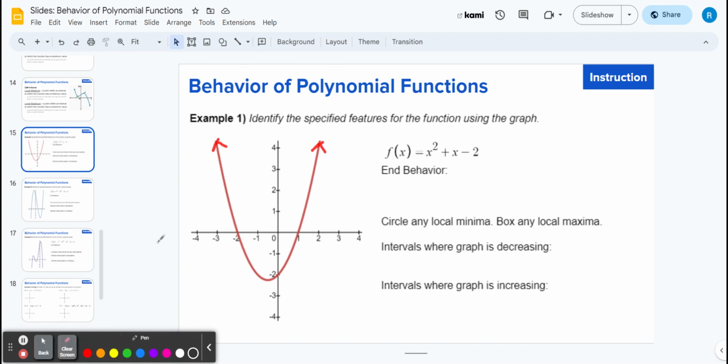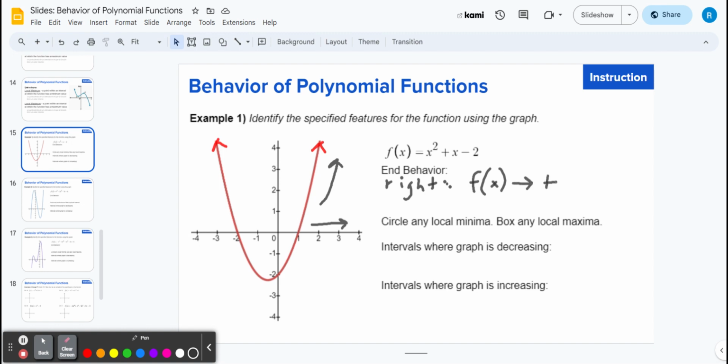First thing I want to do is describe my function as I move to the right. Okay, so if we look, as we move right, our function is increasing, right? So we're going to say that my function value goes towards positive infinity, right?